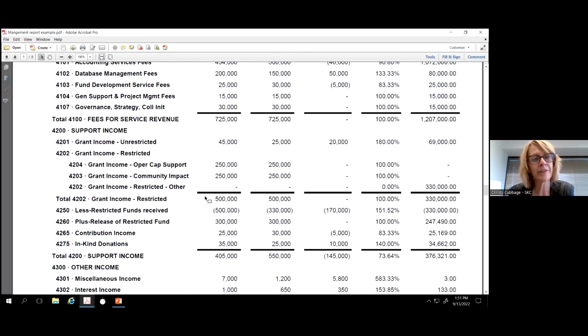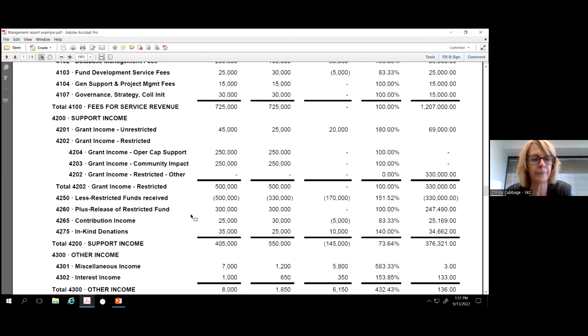We do some interesting things. Again, every report is unique to your organization. We do some interesting things around our grant support, where we only show revenue when we use unrestricted funds. We do that so you can truly see how the organization is doing.